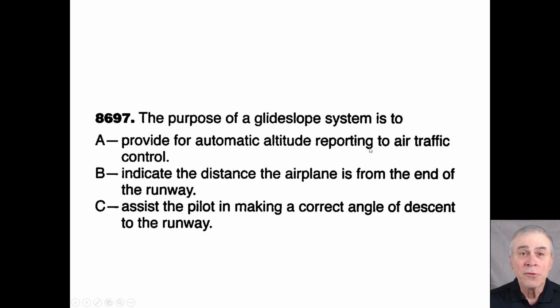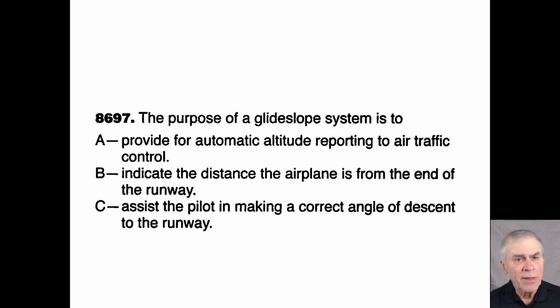All right, so we talked about it. What's the purpose of a glide slope system? Is to provide automatic altitude reporting to air traffic control. That's more of the transponder. And altitude, that'd be more a mode C. B, indicate the distance the airplane is from the end of the runway.